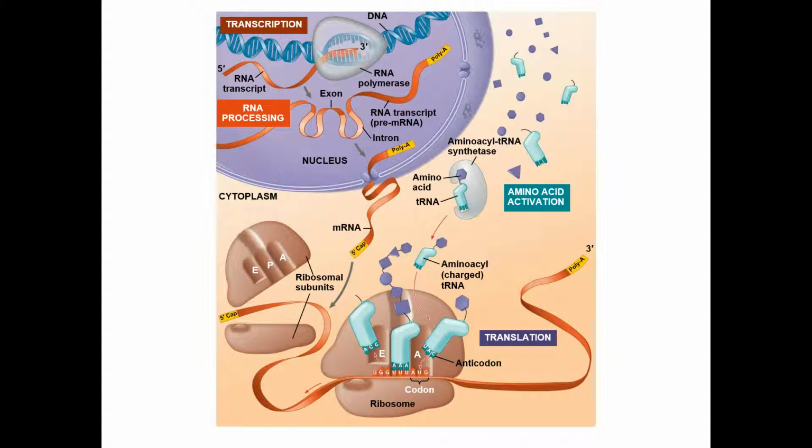Now your messenger RNA, now that it's mature, can leave the nucleus. It'll then move to the ribosome, where it will interact with the small subunit and then the large. And then you have the production of your respective polypeptide.